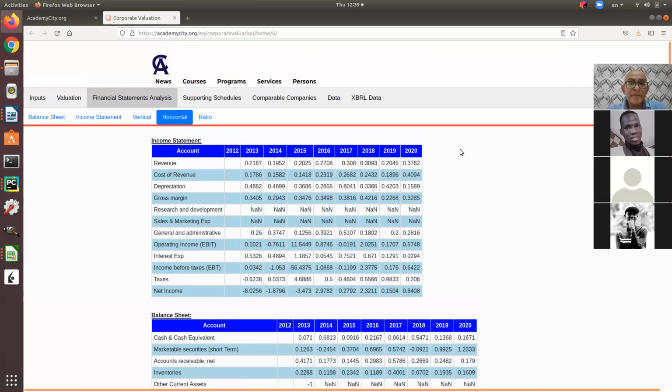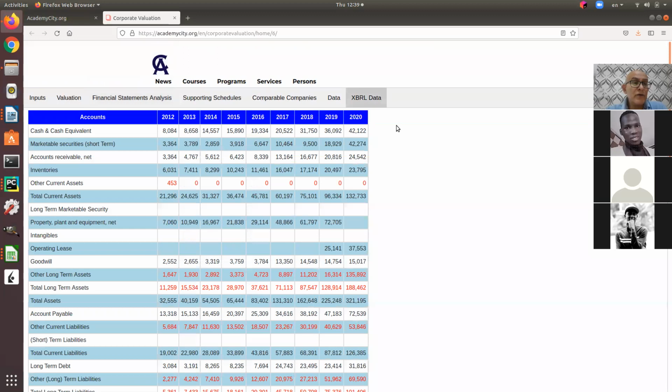What we do, really, if you go to this website and you go to XBRL data, with the fact that the SEC required companies to file financial statements using XBRL. And we have an expert on XBRL in our team.